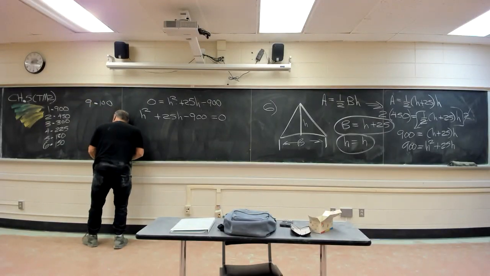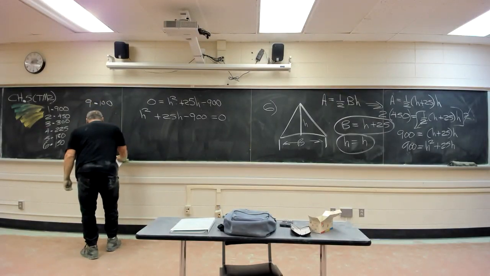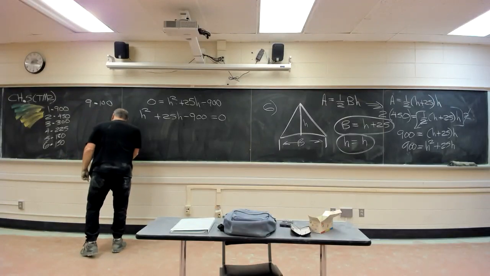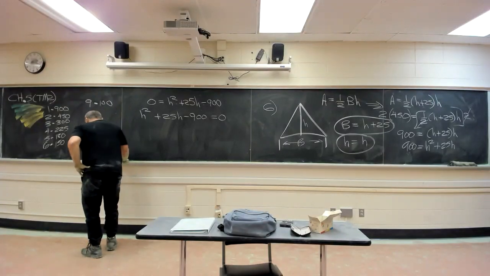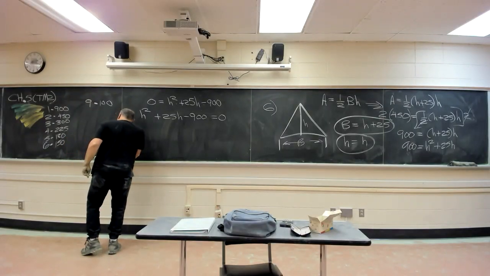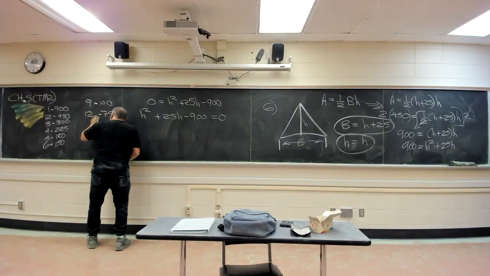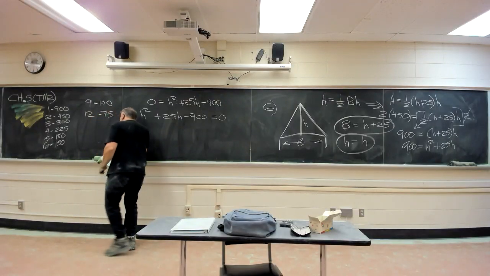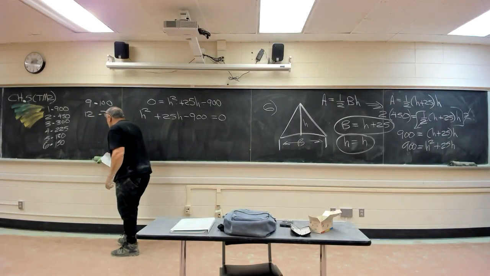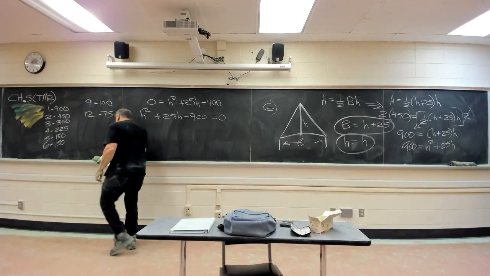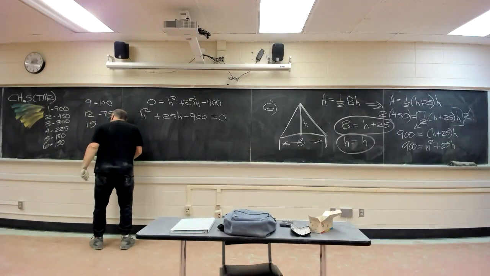Yeah, it's quite the deal. 12 times 75 does it, believe it or not. 12 times 75 will get you there. 15 times 60 will get you there. It's a lot.